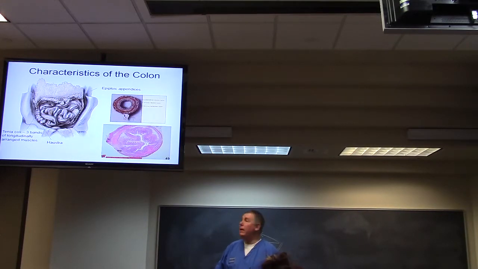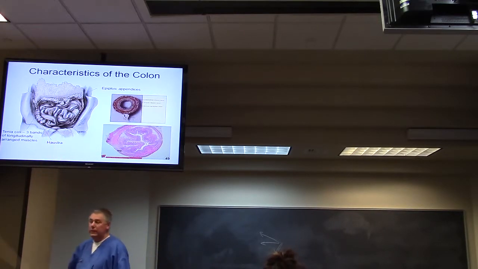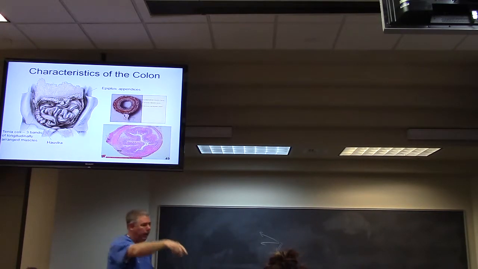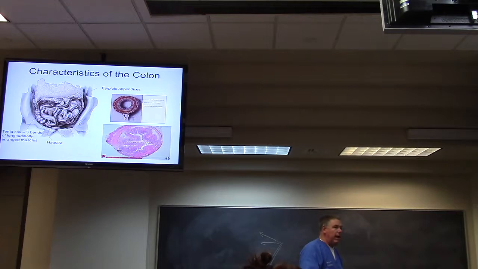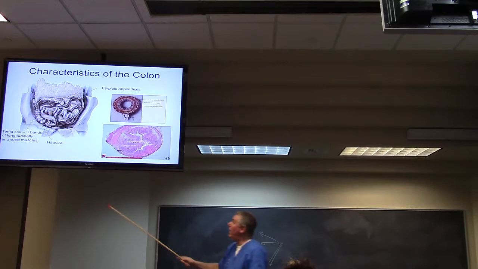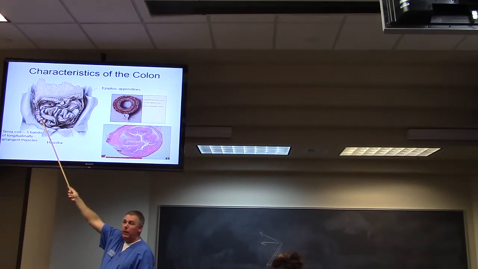Okay, how do you know you're looking at the colon? The colon has three characteristics. Somebody was asking about the inner circular, outer longitudinal muscles. That's how it is in the small bowel. In the large bowel, the outer longitudinal muscle is clumped into three bands. So these bands are very obvious. That's the outer longitudinal muscle right there.